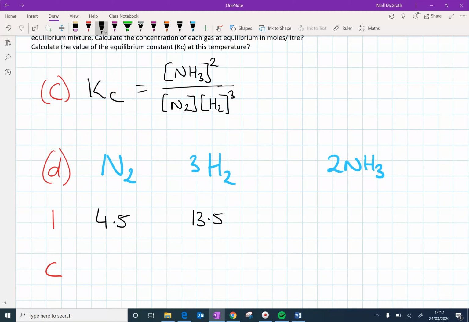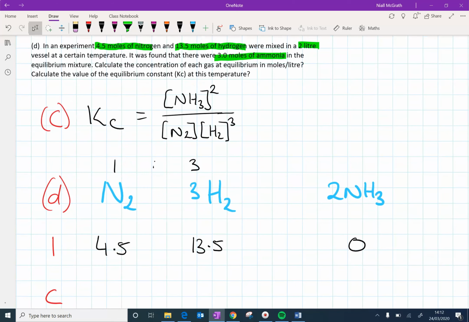That should work out anyway because these are in a 1:3 ratio, and 3 times 4.5 is 13.5. So even if you were only given the amount of moles of either of these, you should be able to work out what the other one is. Over here then, this is initially, so this is at time 0, so you don't have any ammonia formed as of yet.